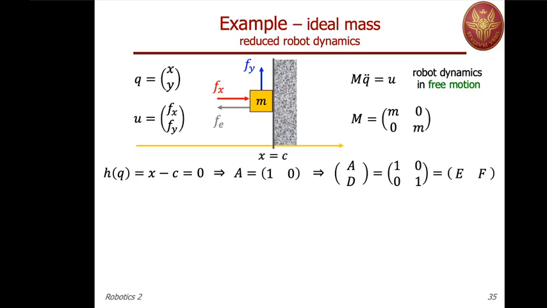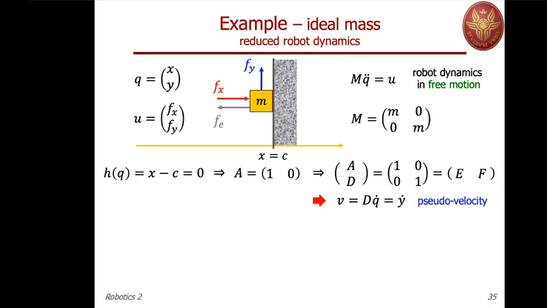In fact, nothing is a function of Q in this simple case. And the inverse of this matrix is again the identity. And so we have also the columns E and F, explicit and constant. So any time derivatives E dot and F dot will vanish anyway, and this will simplify the methodology a lot.